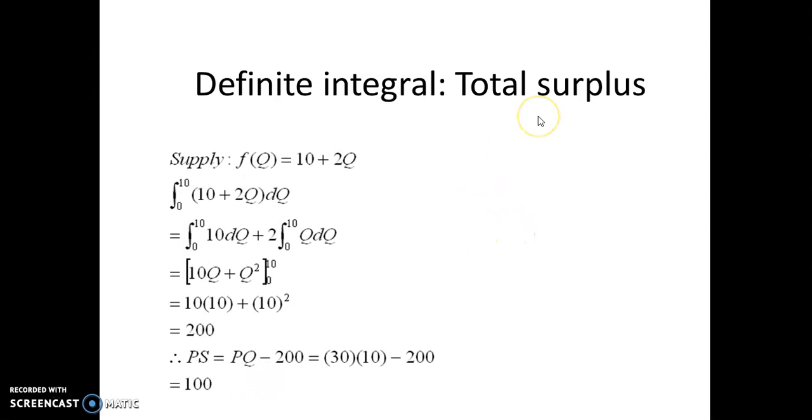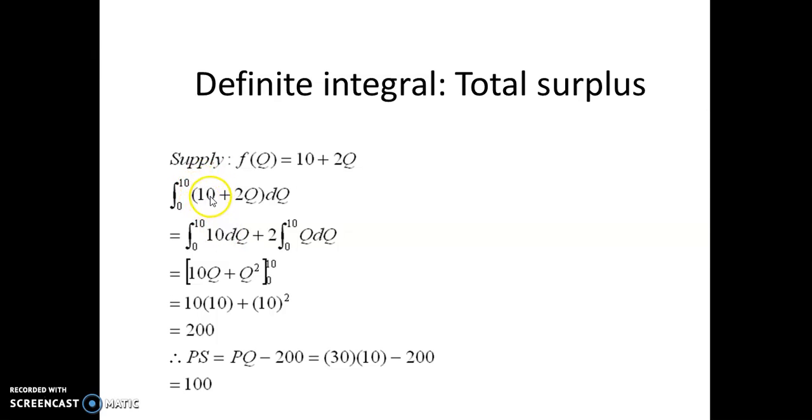Again, for the supply, the same story. You take your supply function and first need to integrate it, which is this step over here. We first integrate the 10, and then the next term, which was 2q, and you're going to get 10q plus q squared.